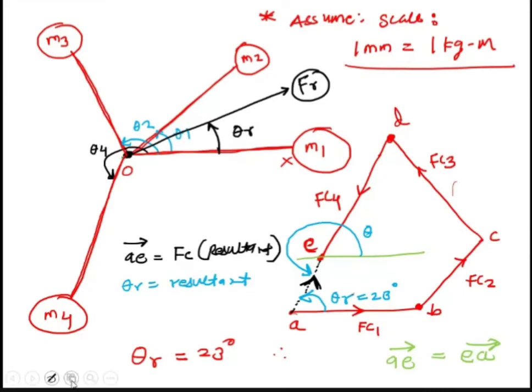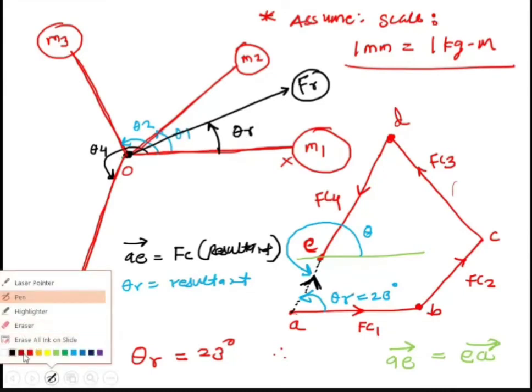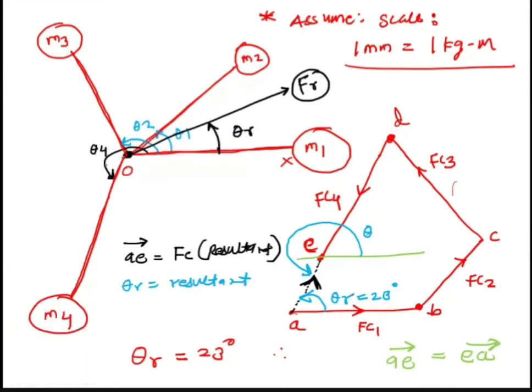Now, as I said, the balancing force is opposite to this. Draw a line opposite to this. Now this is nothing but the mass m, which is equal to 115 kg. This indicates FCB, that is the balancing force.